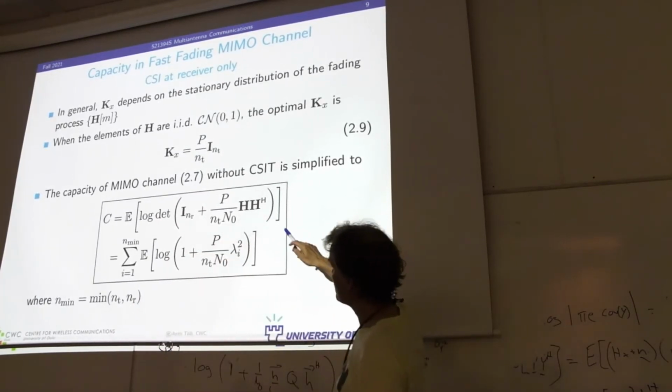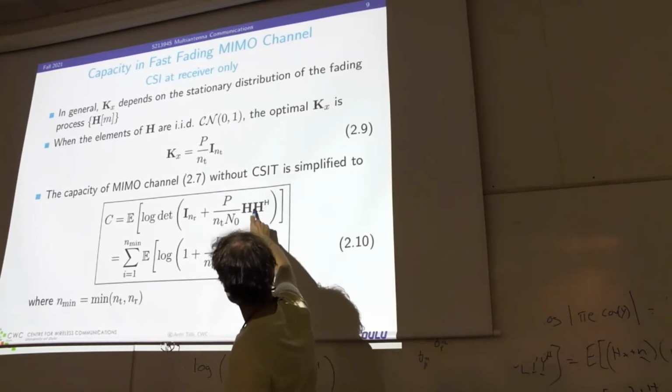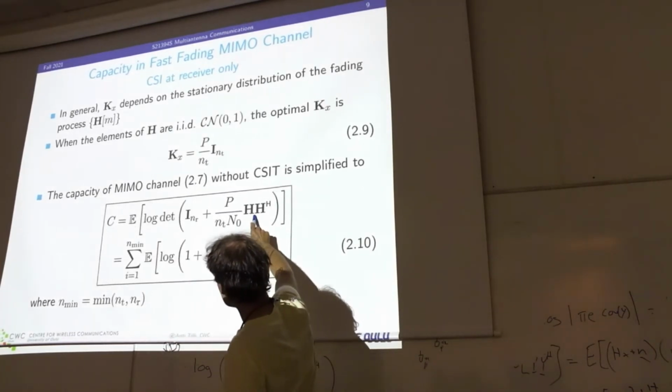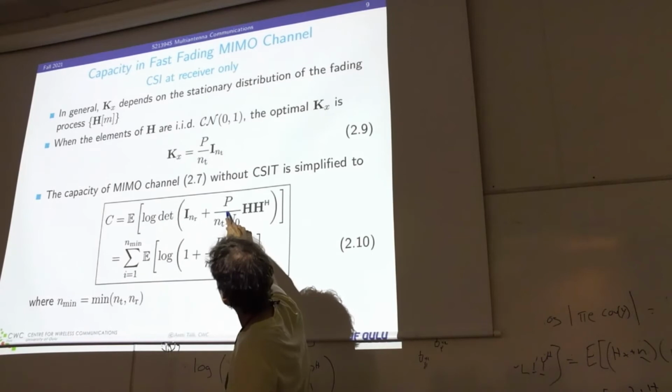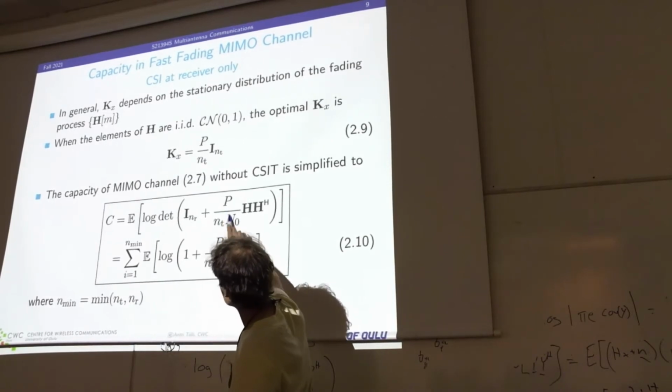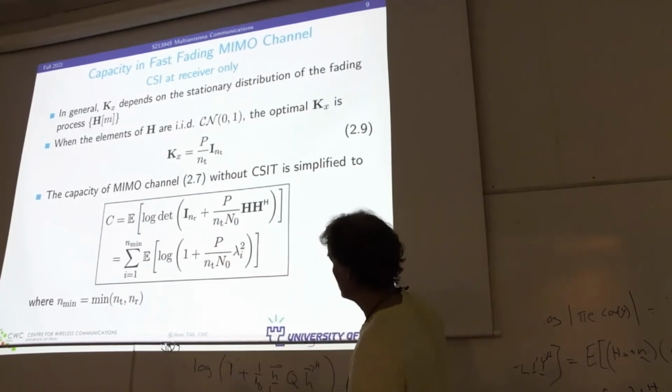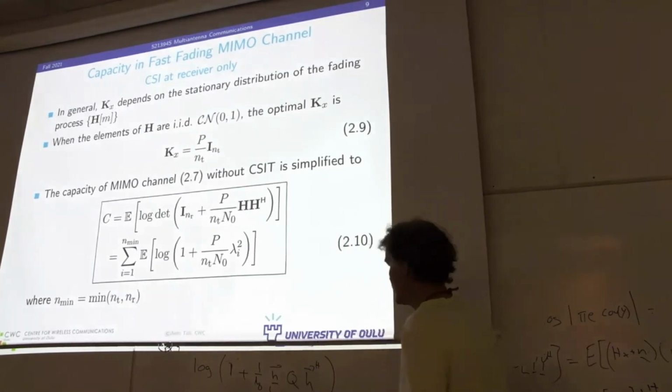Now when we plug in the Kx here, it's a diagonal matrix, and we have this simplified expression.